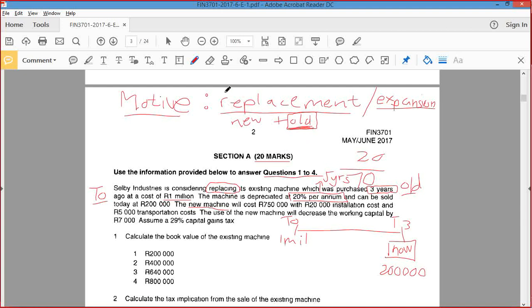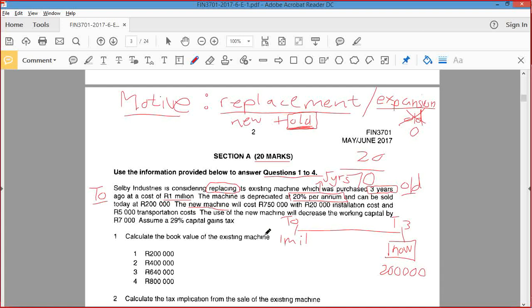That's why replacement comes up more often: the calculation is longer, with more to calculate, versus expansion, where the old asset has zero worth. You would just look at the new. Here I'm dealing with replacement, replacing an existing machine, so the first approach is the one we're going to be using.